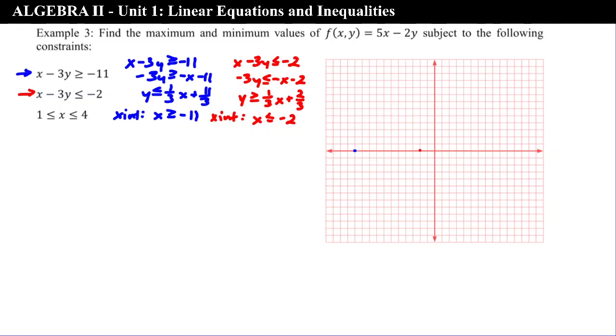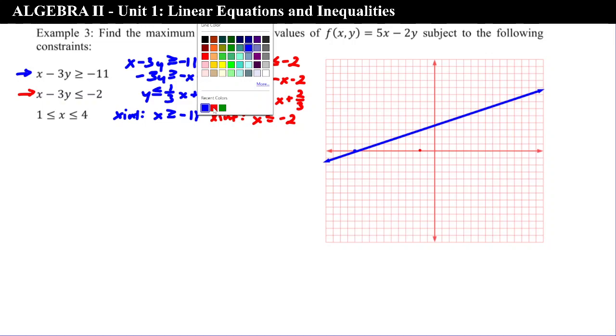Now let's go ahead and graph our lines. For the first one, the graph of the line is going to look like this. And then for the second one, our graph of the line is going to look like this.